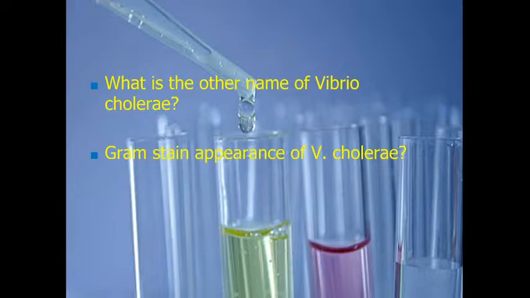But we have automated analyzers now that can point us in the right direction, whether an organism is Vibrio cholerae. But this is something that you might encounter in your exams. So it's comma bacillus, and the gram stain morphology is a fish in a stream.